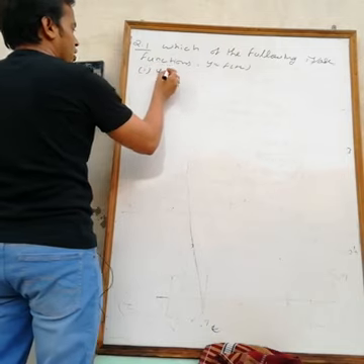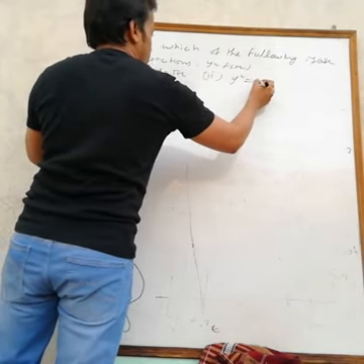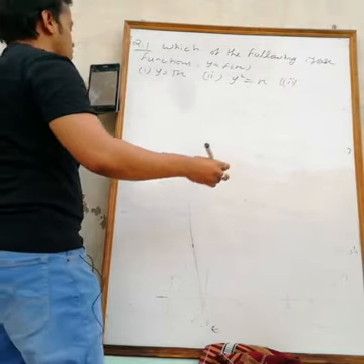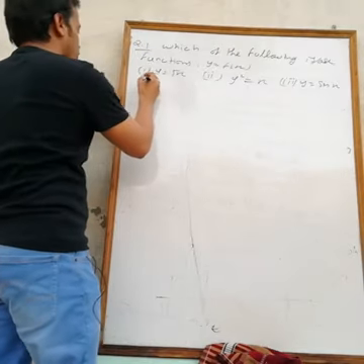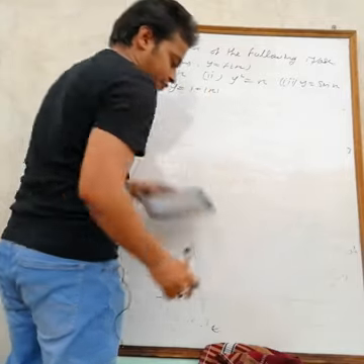First one, y equals root x. Second one, y square equals x. Third one, y equals sine x. And fourth one, y equals 1 plus mod x.